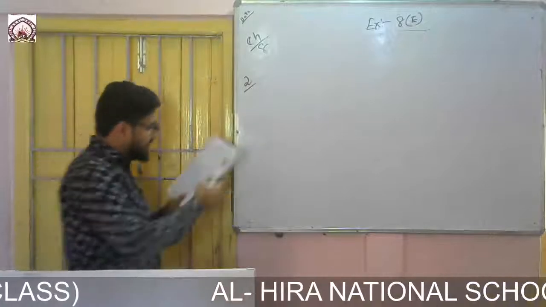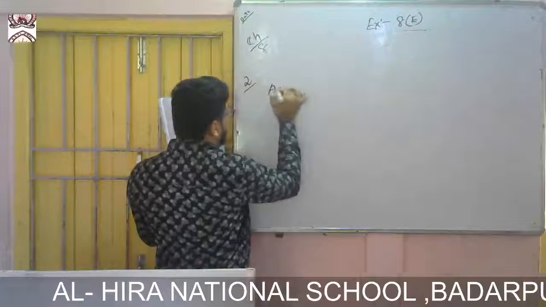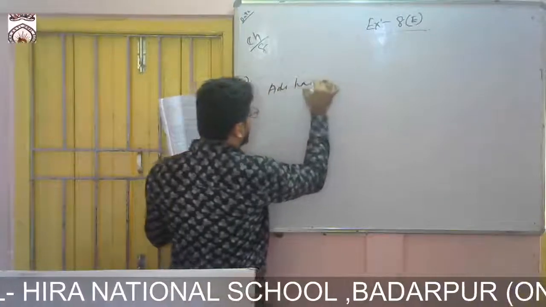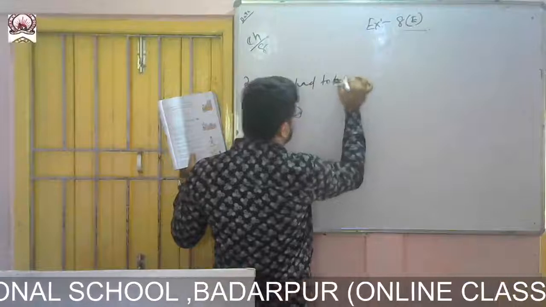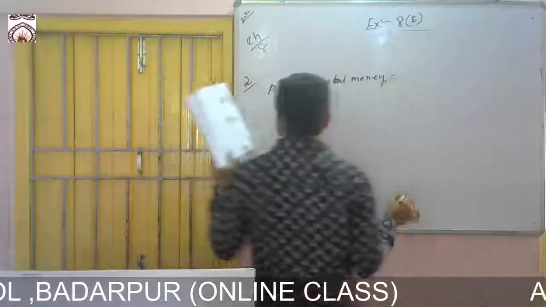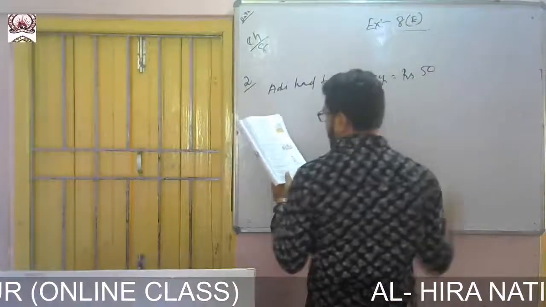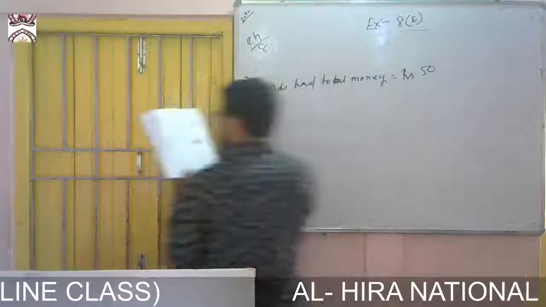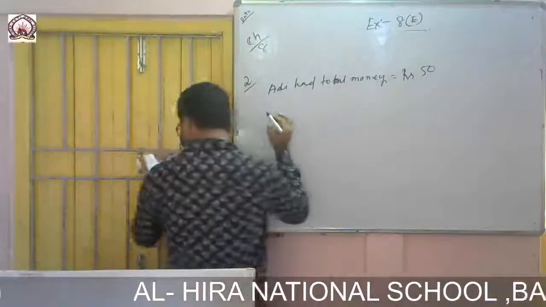Adi had total money equal to how much? Rupees 50. All right, money spent by him.